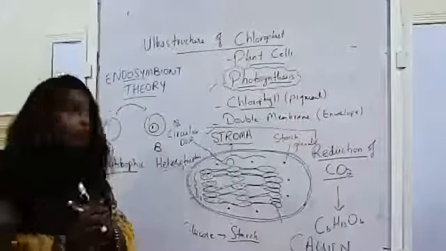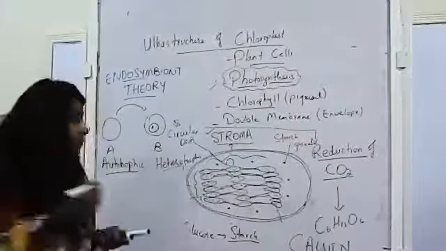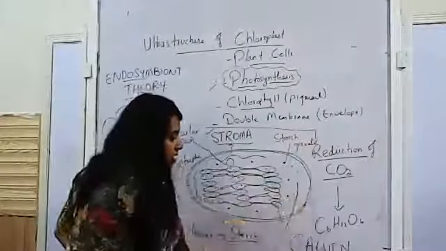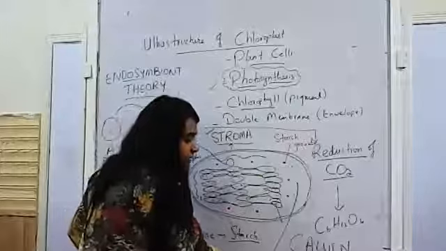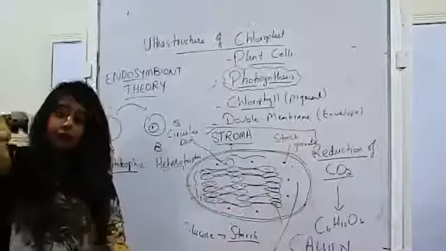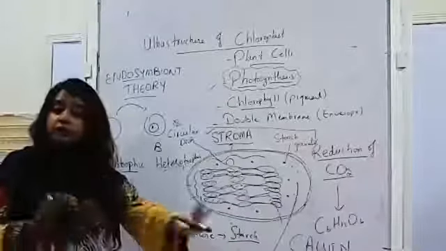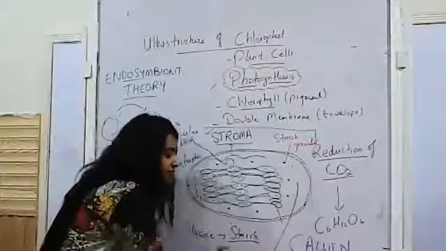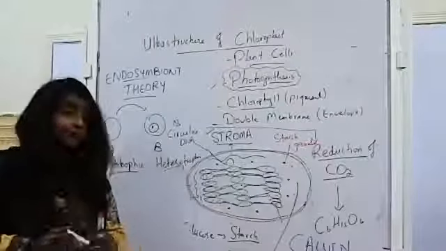Number two, second proof, it has its own ribosomes, just like mitochondria. Again, these ribosomes do not resemble eukaryotic ribosomes. These ribosomes resemble prokaryotic ribosomes. They are 70S in size, right?